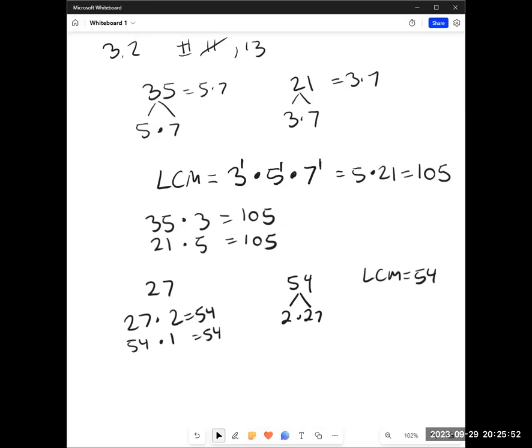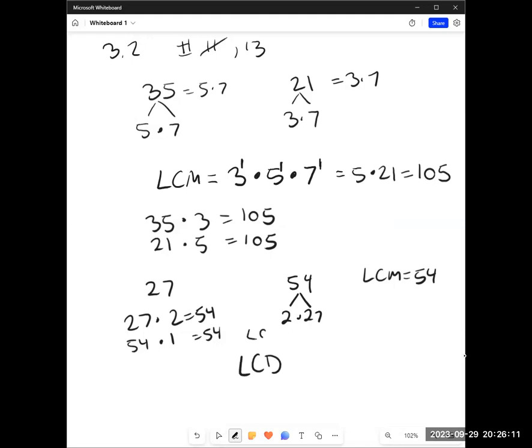I'm also just going to take a second here and talk about some vocabulary that's coming up. We're going to have something related to the LCM called the LCD.